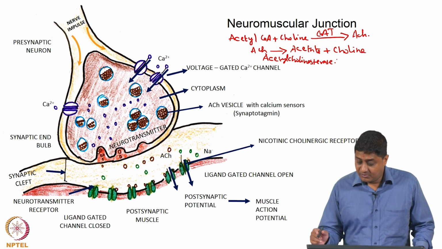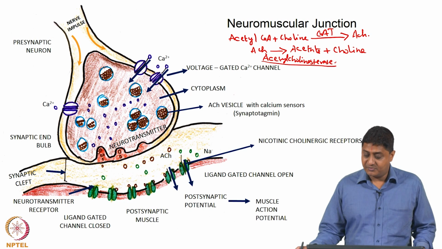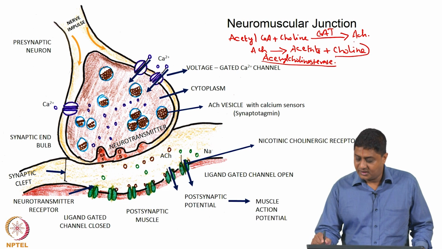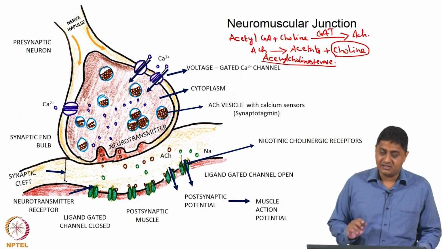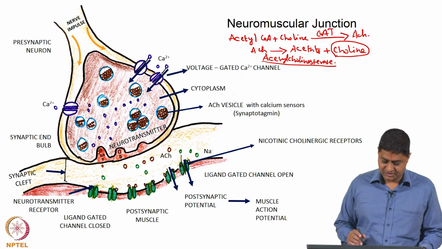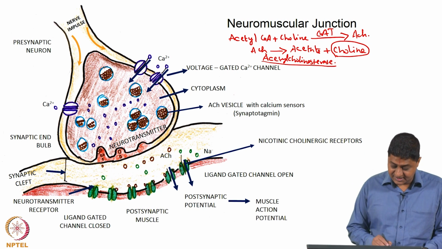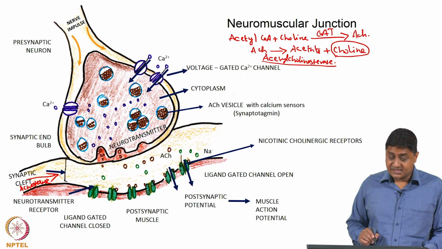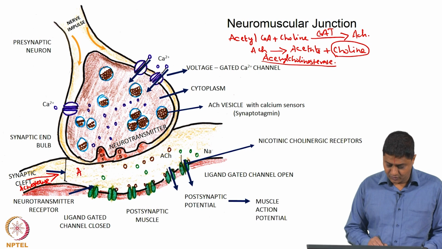Also remember, when acetylcholine esterase breaks acetylcholine into acetate and choline, part of this choline is reuptaken back into the presynaptic terminal. Where is acetylcholine esterase acting? At the synaptic cleft, where it breaks acetylcholine into choline plus acetate.